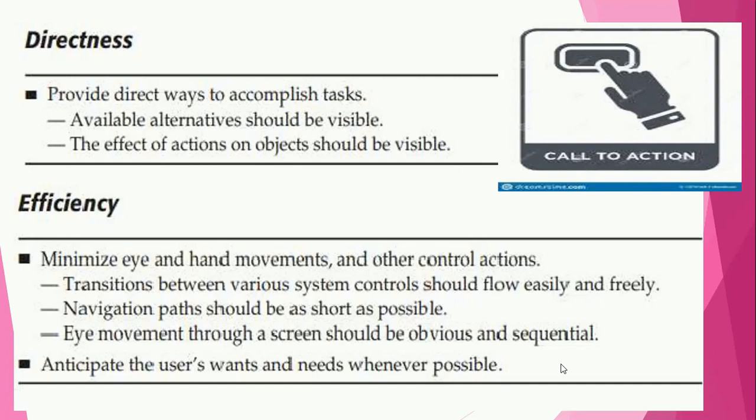So you'll be concentrating on the screen, and suppose the screen displays that you should use the keyboard now, then it takes some time to move your hand to the keyboard or the mouse. So the user interface should be such that these kinds of hand movements, placing the hand on the keyboard or the mouse, are reduced. That may take certain time.